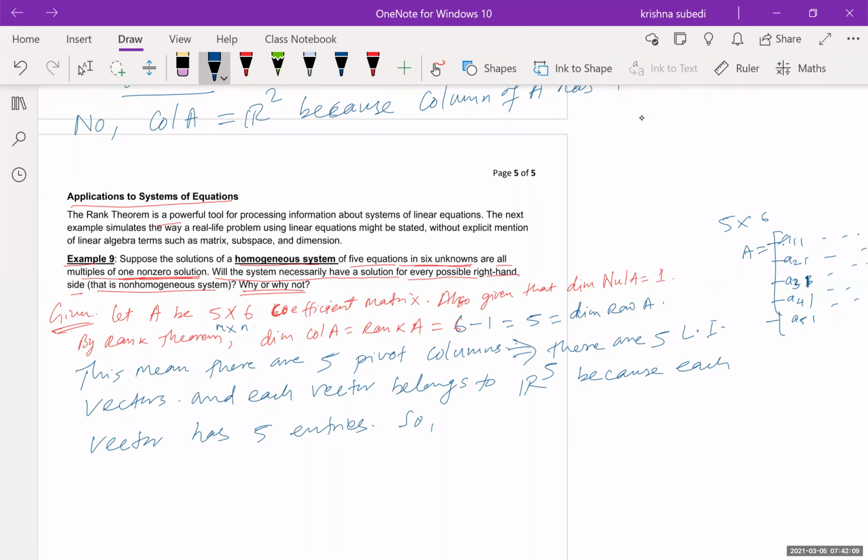So what it means is that the column space of A equals all of R5.